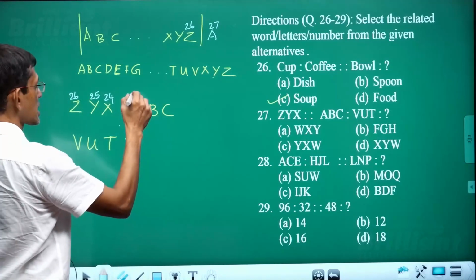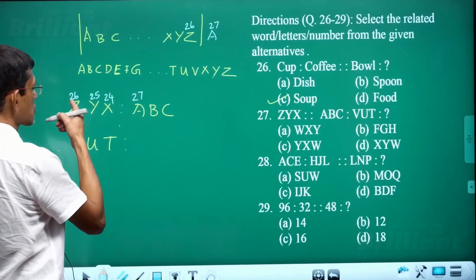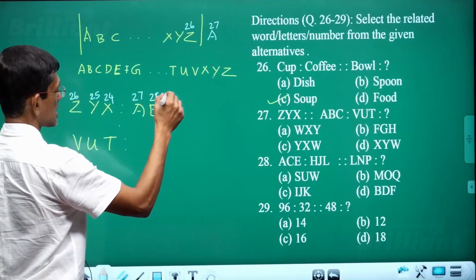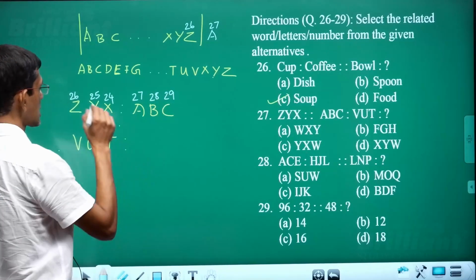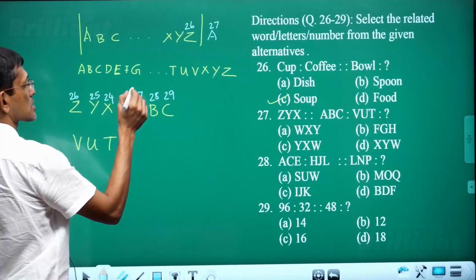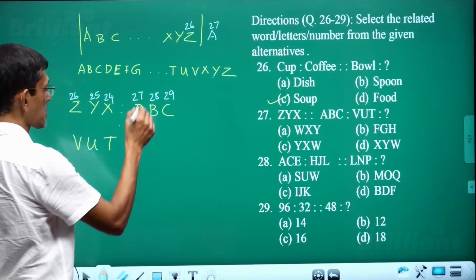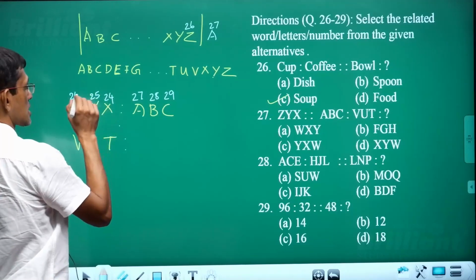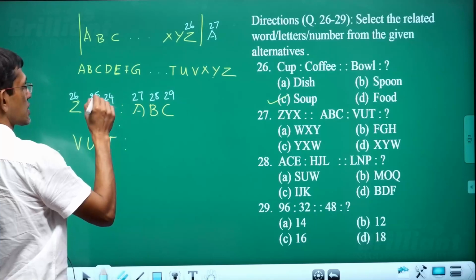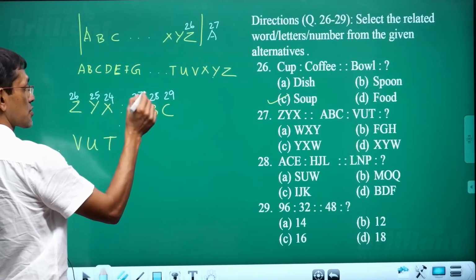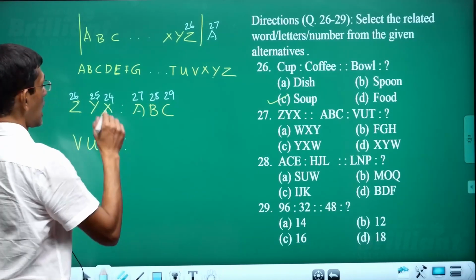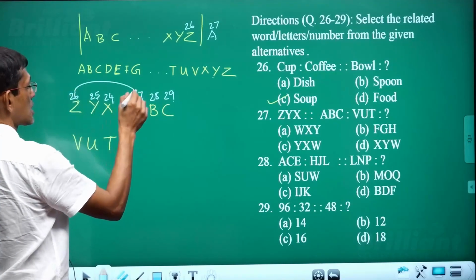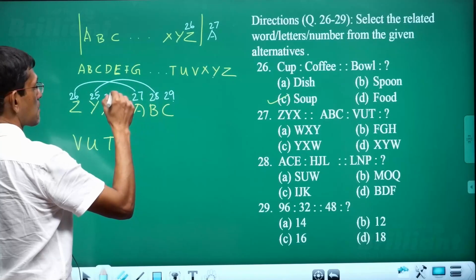If you take A as 27, so 26 plus 1 is 27, B is 28 and C is 29. So in that case, Z plus 1 is A. That is 26 plus 1 is 27. 25 plus 3. And 24 plus 5. So it is plus 1, plus 3, plus 5.